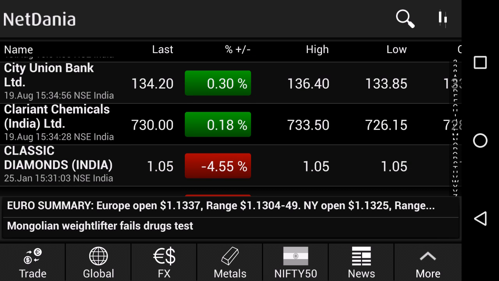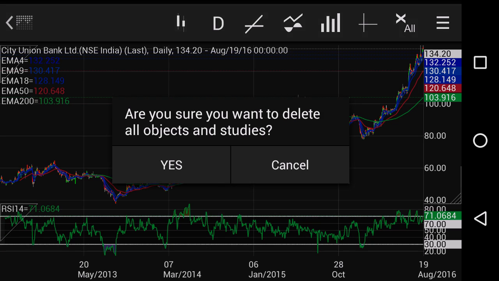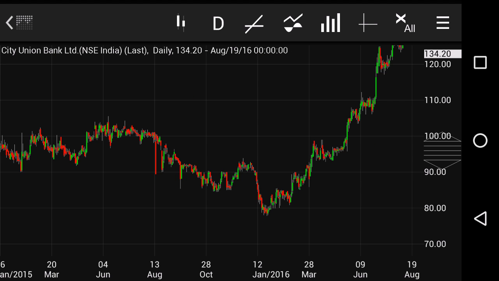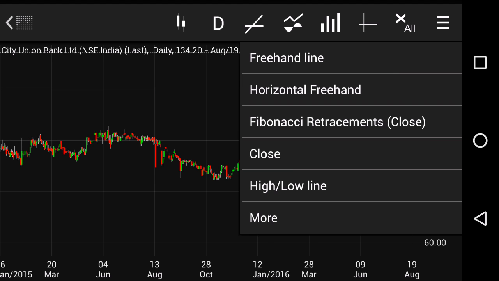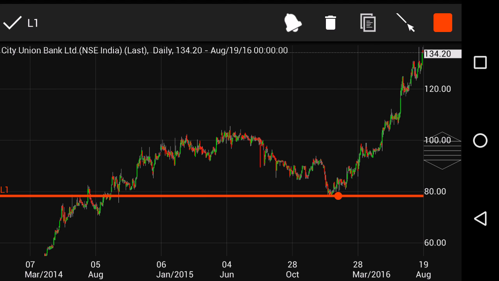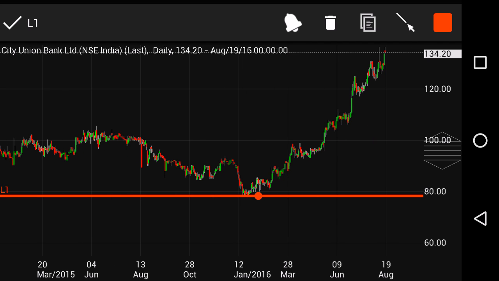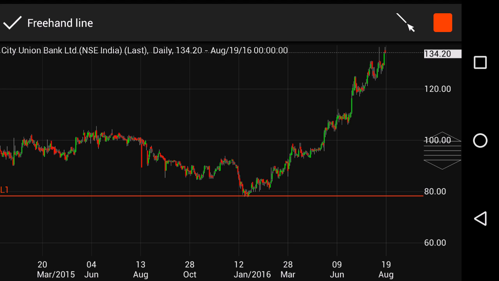City Union Bank, I had got this stock also at pretty low levels. This was another stock. After the crash, it was doing better than the markets, and here it formed a small base, and it started making 52-week highs with the markets rising.